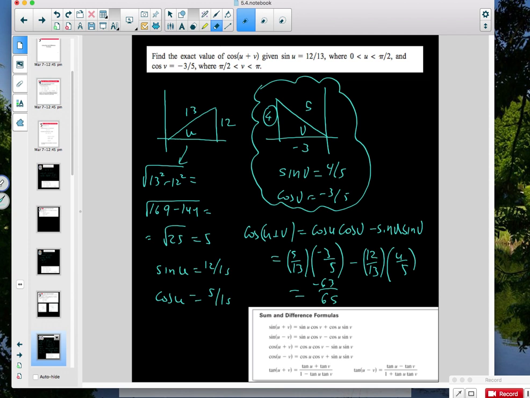One diagram for the V. I'm going to tell you this for a fact: you will always have to deal with two angles. Up to now, we were dealing only with one angle. Now there will be two of them, and we will need to combine them. So this is the process for U on the left, this is the process on the right for V, and then you use the formula.